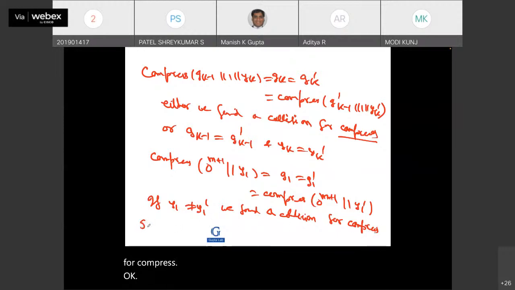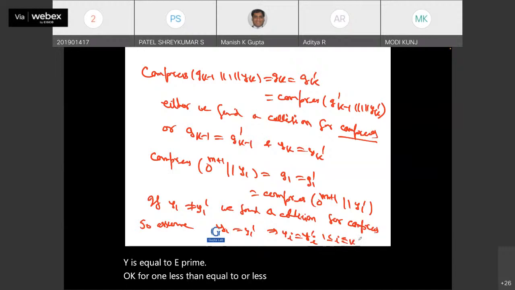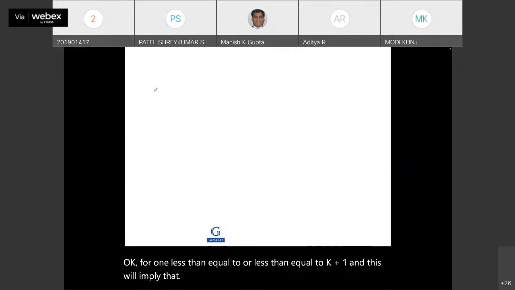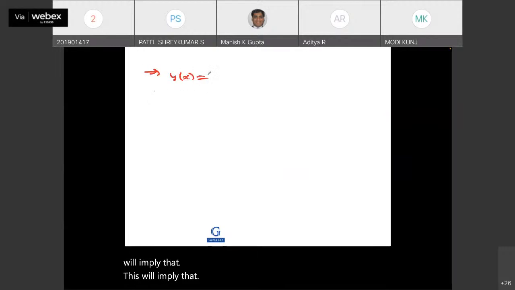So we assume that y1 is equal to y1 prime. But then this will imply that yi is equal to yi prime for 1 less than or equal to i less than or equal to k plus 1. And this will imply that yx is equal to yx prime.